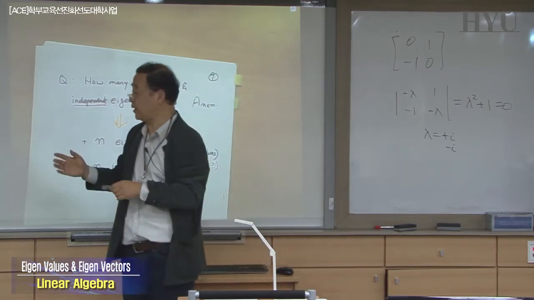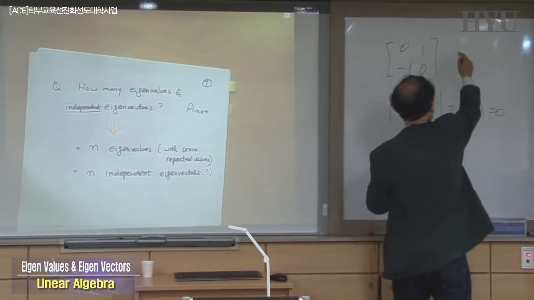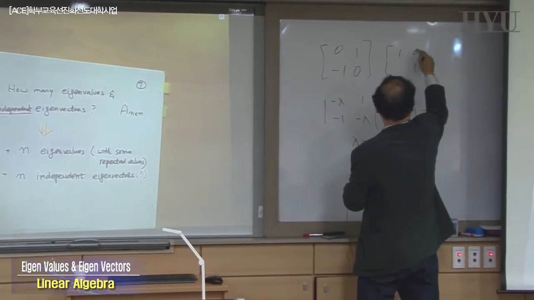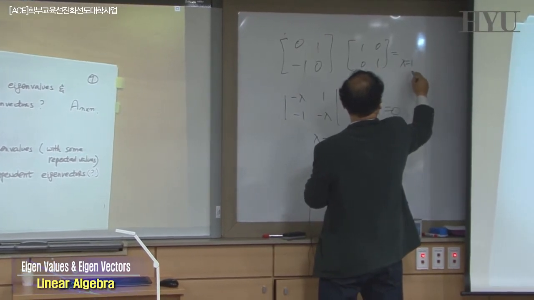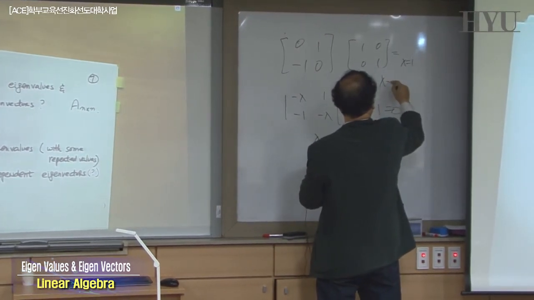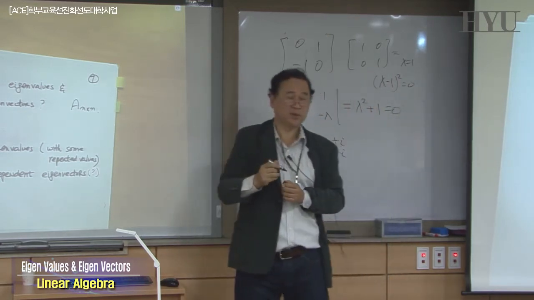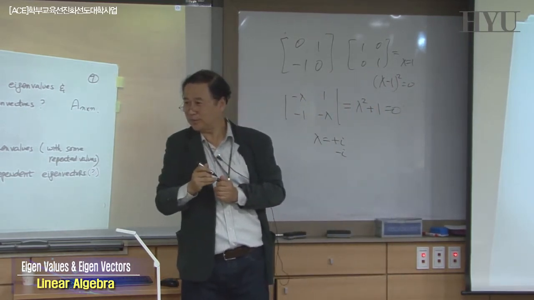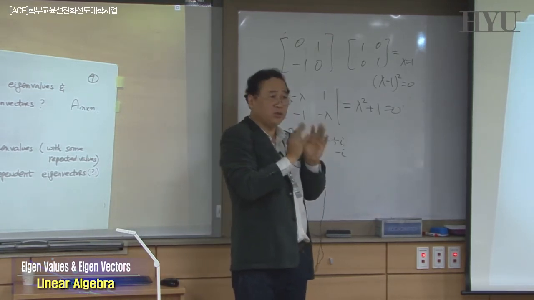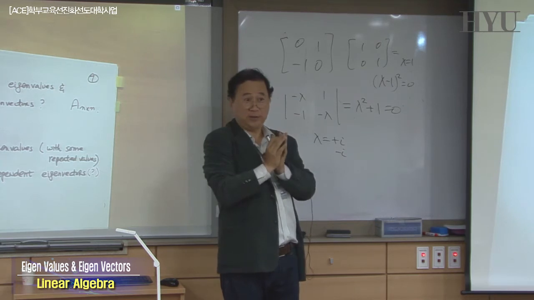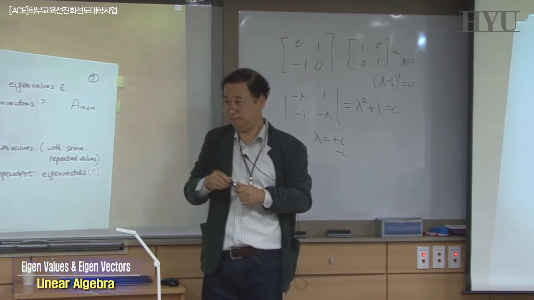It means like in the case of [1, 1; 0, 0], lambda is 1 and the second is also 1. Basically, this one is squared, right? Lambda is 1, just repeated values, right? Or sometimes it has complex numbers.